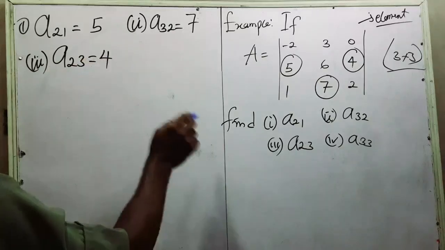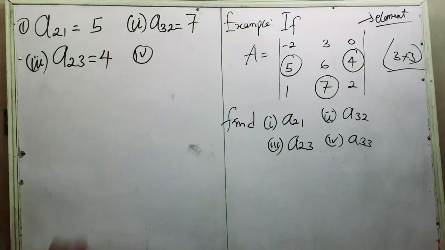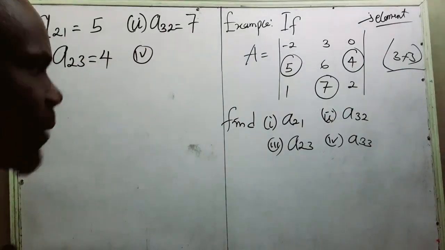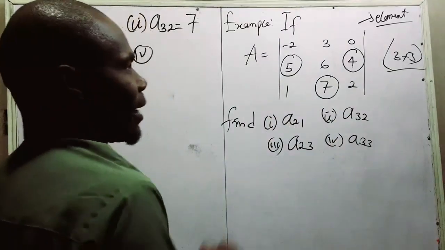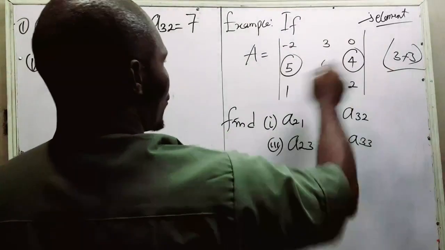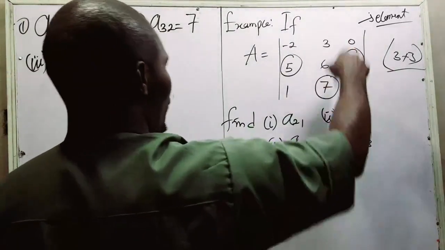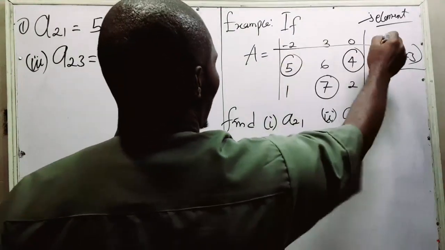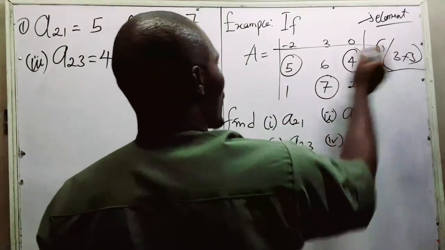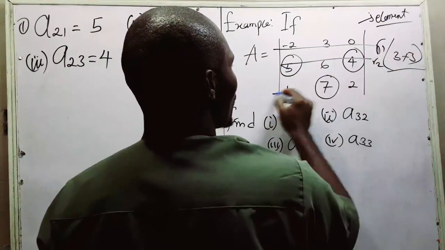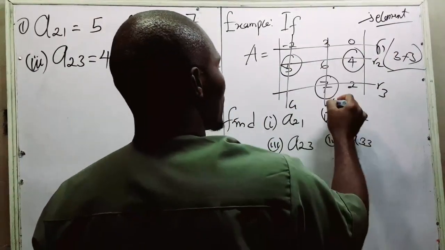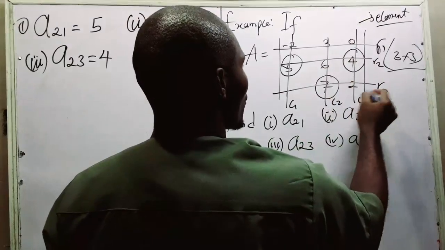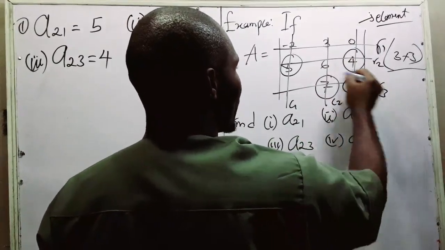So that tells us that A row 2 column 3 is equal to 4. The last one is A row 3 column 3. This is row 1, row 2, row 3, column 1, column 2, column 3. Where these two meet is 2.